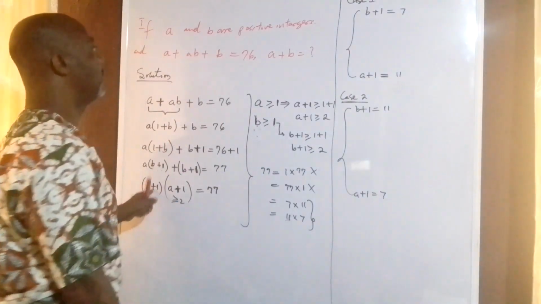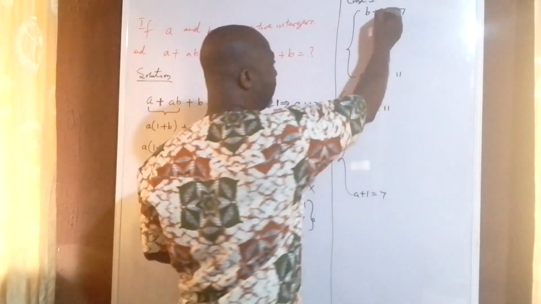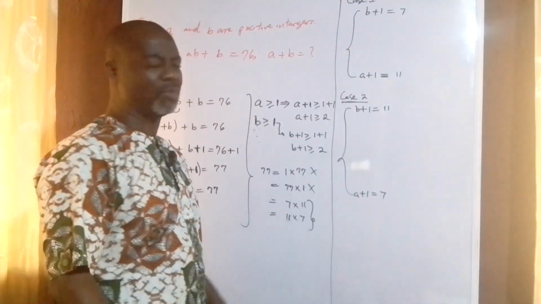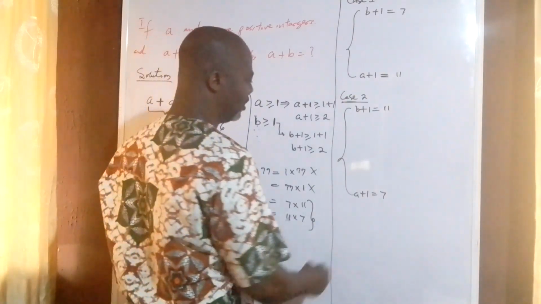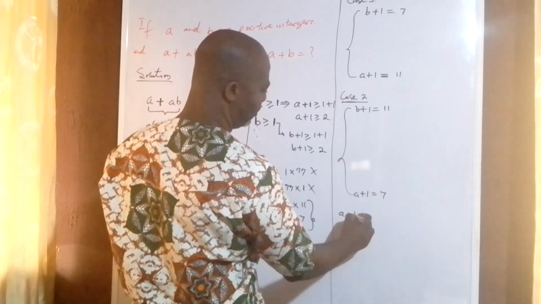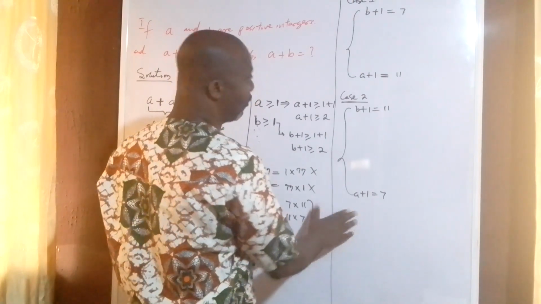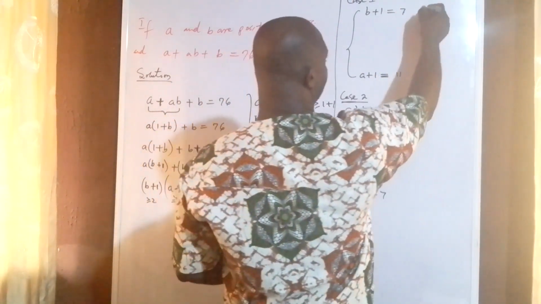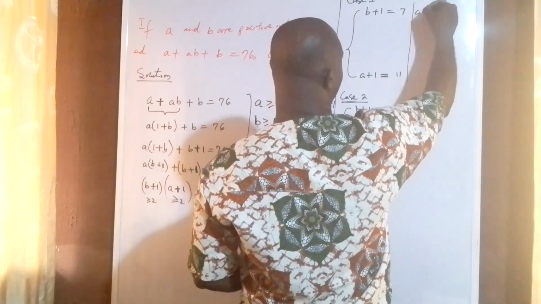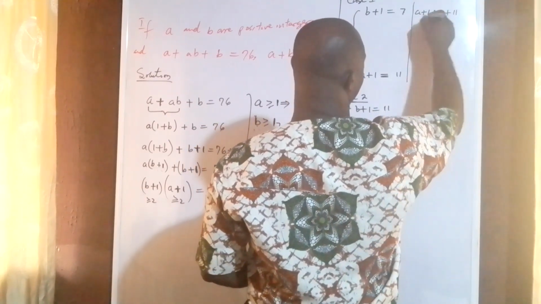So how do we find a plus b? An option is to actually go ahead and solve these two directly, but there is a method I'm going to use to make it very easy. Let me just solve for case 1. For this case 1, we have a plus 1 plus b plus 1.